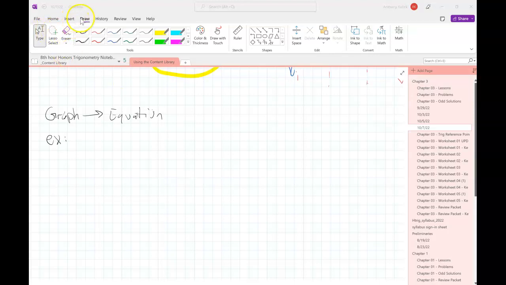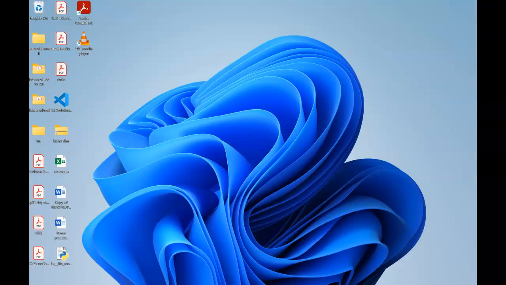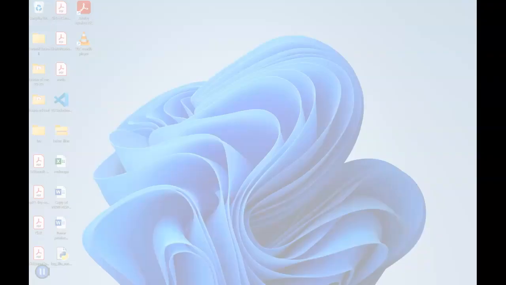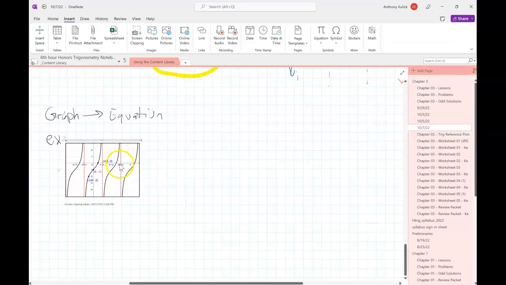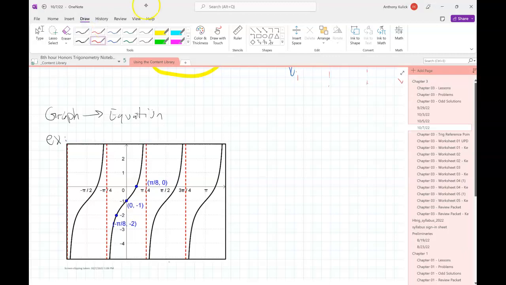There's one. All right. So here we're going to go from a graph of tangent back to the equation.